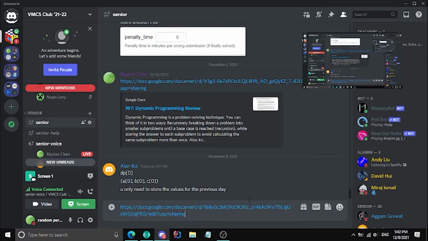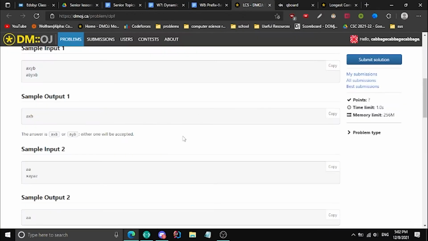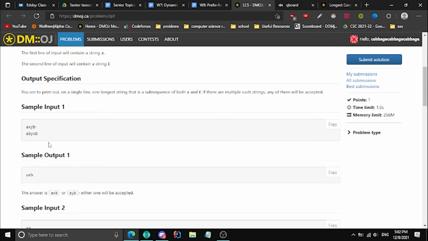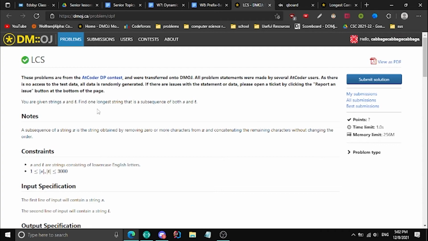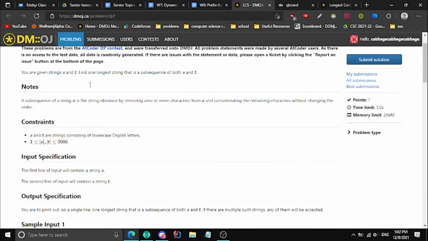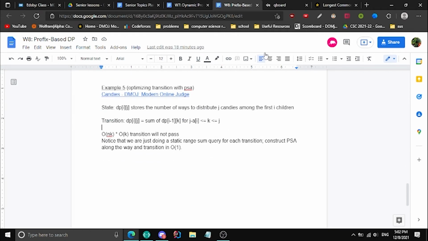Except this one requires you to actually output the subsequence itself. If you want to go ahead and try this problem on your own afterwards, you're welcome to do that. For now, we're going to move on to the last example we have for today.